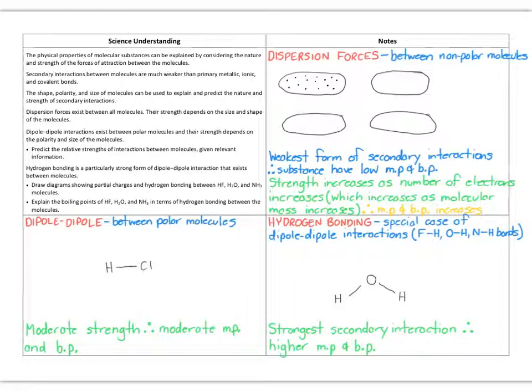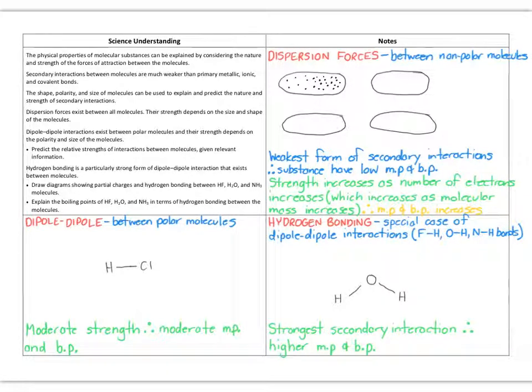And what can eventually happen, just through that random spinning of electrons, is that you'll end up with a case where momentarily there will be more electrons on one side of the molecule than the other.